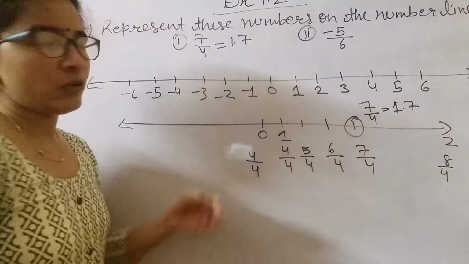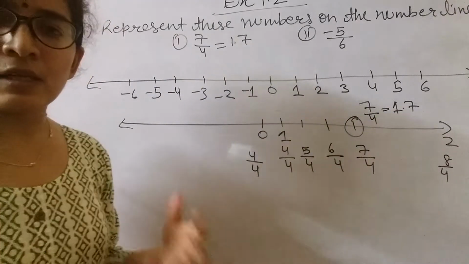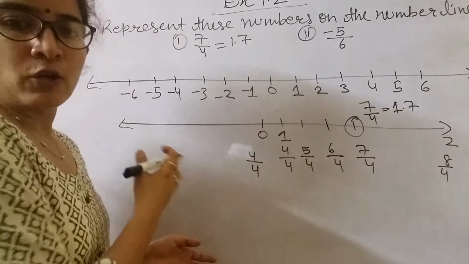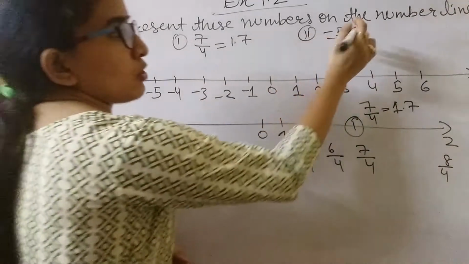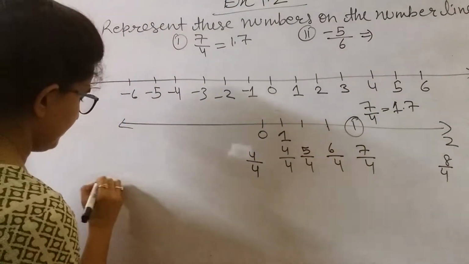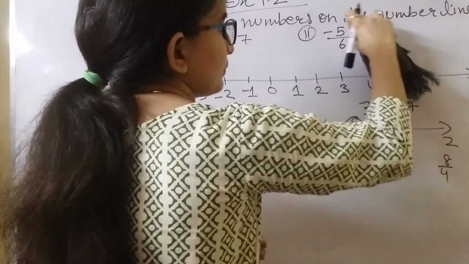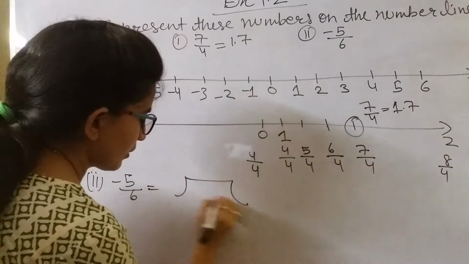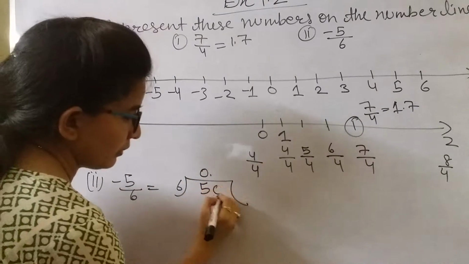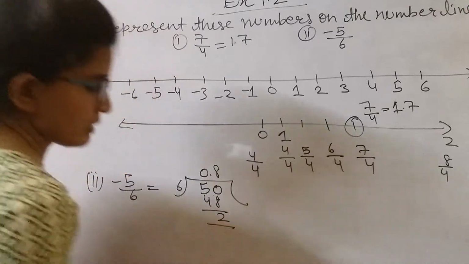Now the next number is minus 5 upon 6. As we can see that the number is negative, so this will lie on the left hand side of the number line. First we will solve the number, question number second, minus 5 upon 6. 5 divided by 6 will be 0.8, 6 8s are 48, so I will get 2 as remainder.